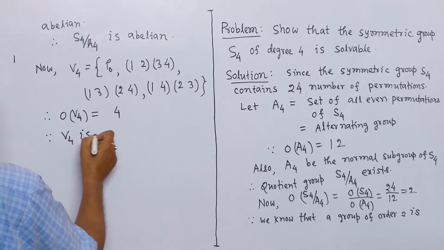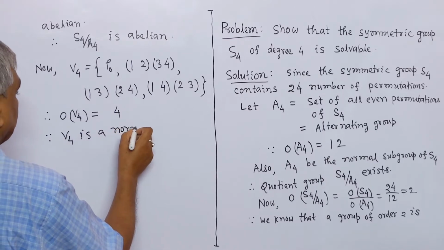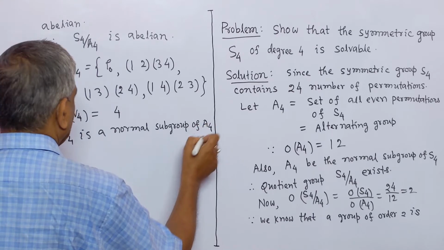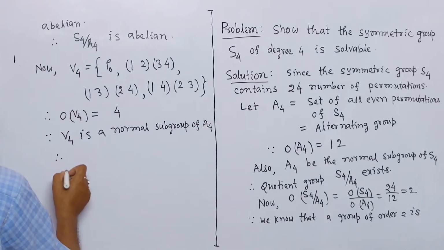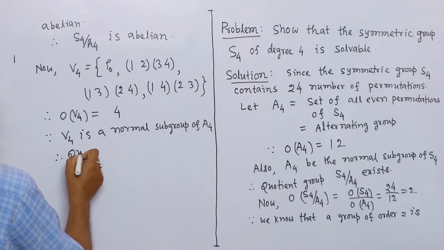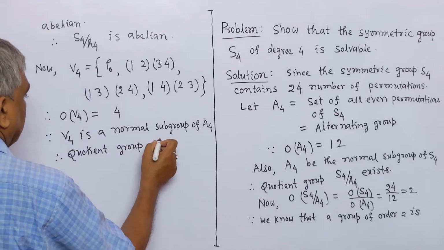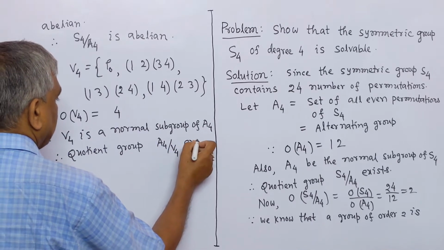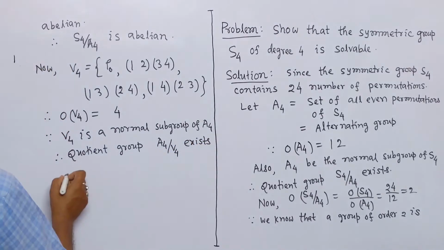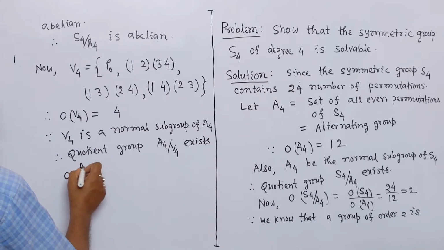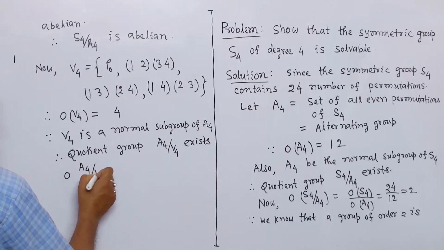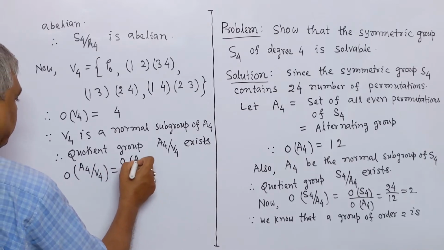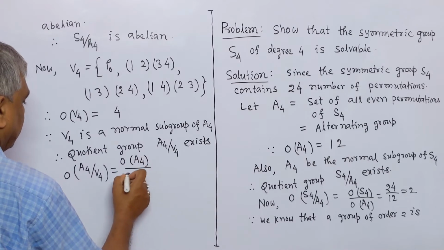Since V4 is a normal subgroup of A4, therefore the quotient group A4 by V4 exists. The order of the quotient group A4 by V4 equals the order of A4 divided by the order of V4.